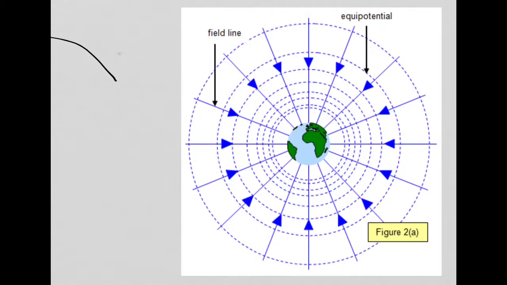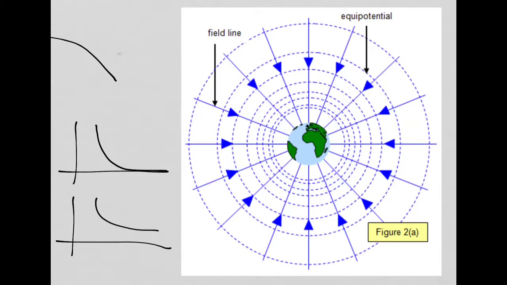If we were to do gravitational potential, let me find a pen. So when we did G with distance, we looked at it being like this. When we do V with distance, it's much less pronounced, but it still drops off. The effect of that is that you see that the rings get progressively further apart as we move out.